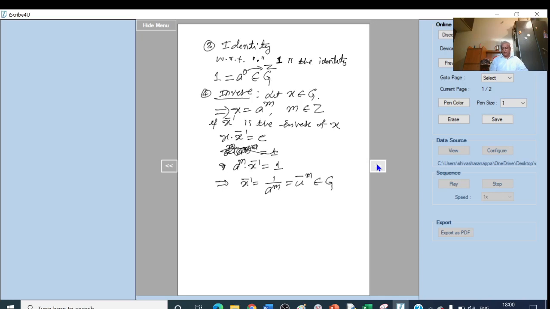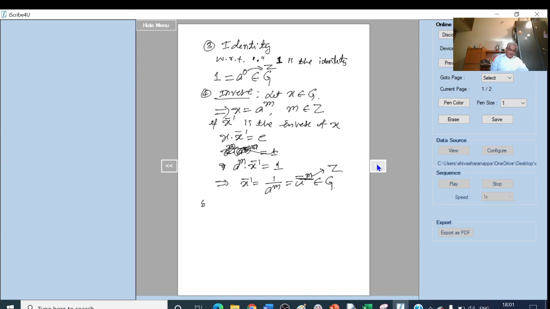And we say that this belongs to G because minus m belongs to Z, right? As this power belongs to Z, therefore a to the power of minus m belongs to G. And here we have the inverse of a raised to m is a to the power of minus m. So the inverse of each element exists.